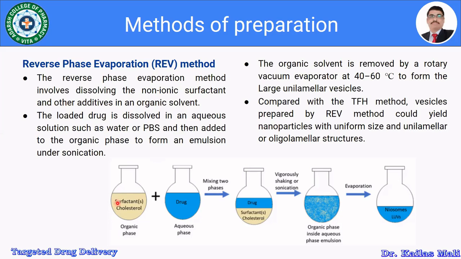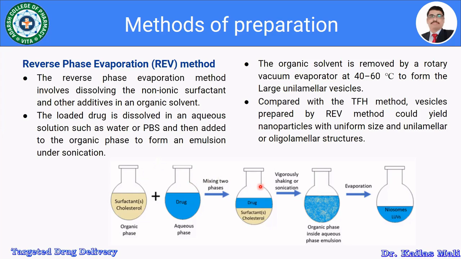Then the drug is dissolved in an aqueous solution such as water or a phosphate buffer, and then added to the organic phase to form an emulsion under sonication. So first prepare the organic phase with the non-ionic surfactant, then prepare the aqueous phase with the drug, and mix these two phases in order to get the emulsion under sonication.